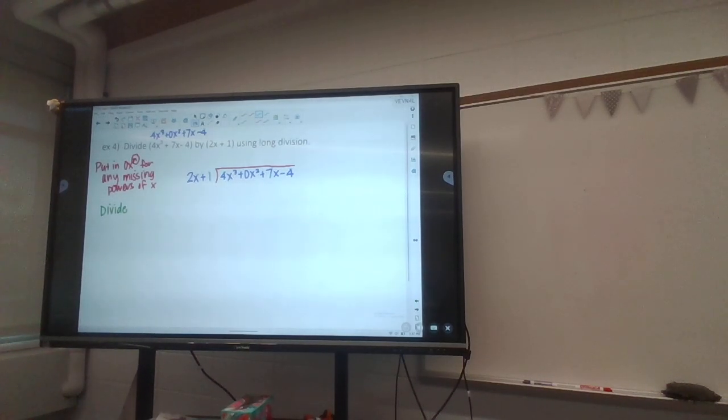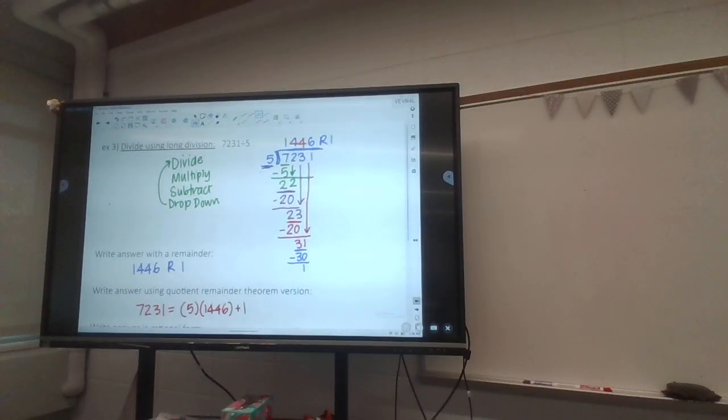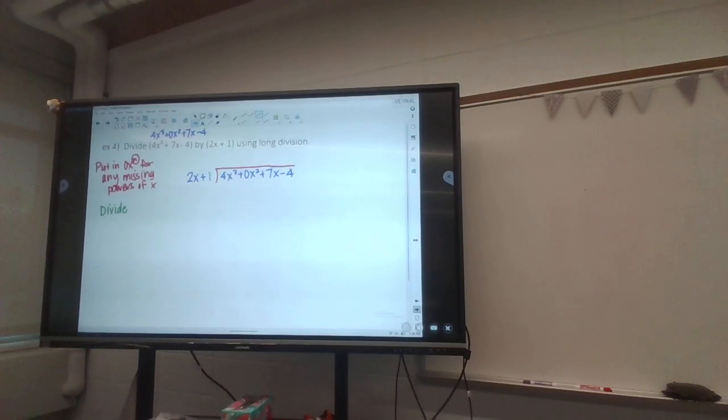Why do you have to put in the plus 0x to the 7? I put it in there because I like my problems to be all lined up. When I'm doing this, everything's in a nice line. If I don't put that 0 in, there's going to be a number that's just not going to be lined up with what it's subtracting from.